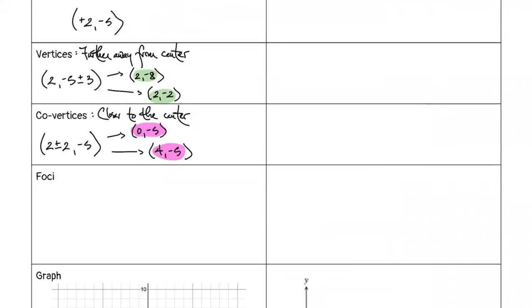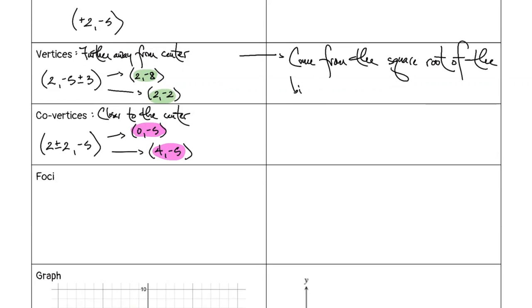I want to make a couple notes about the vertices and the co-vertices. The vertices will be the square root of the bigger denominator. Okay, they come from the square root of the bigger denominator.